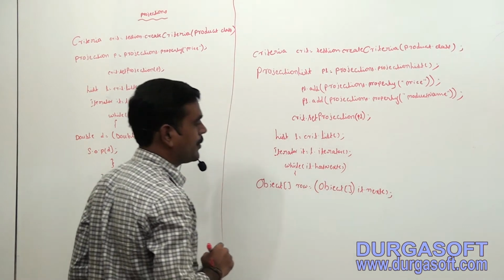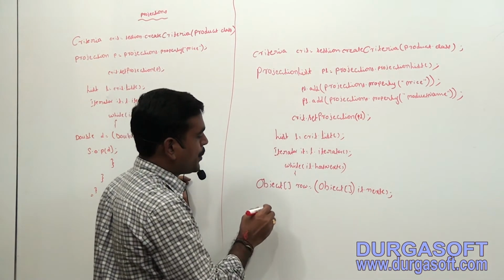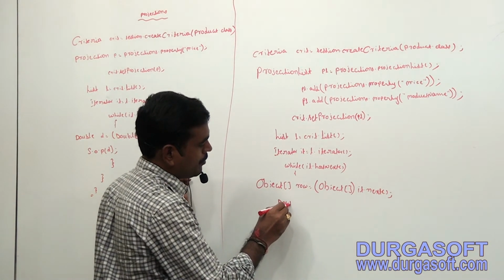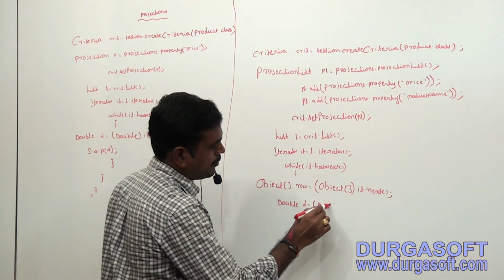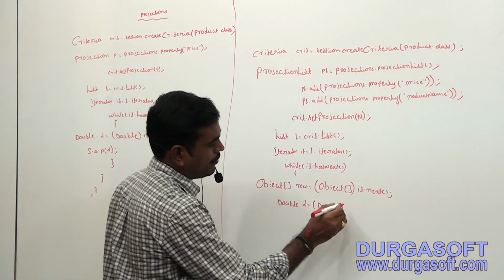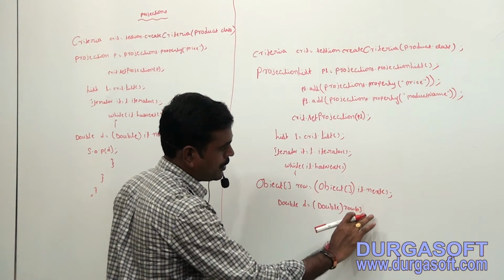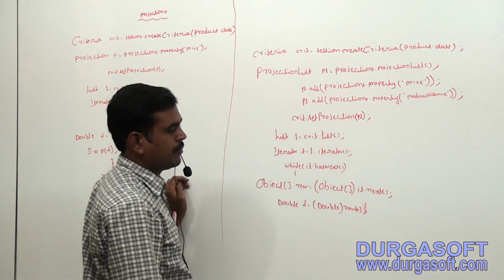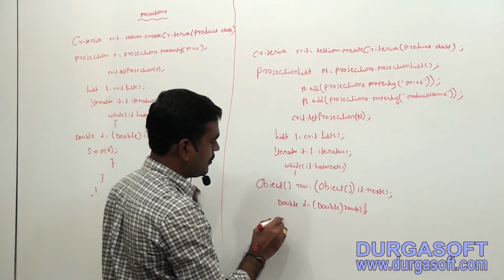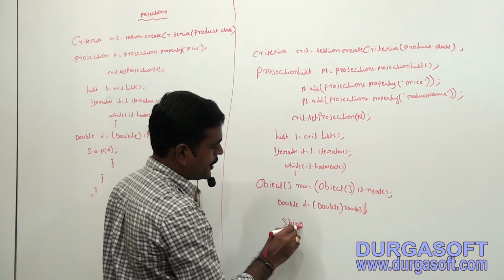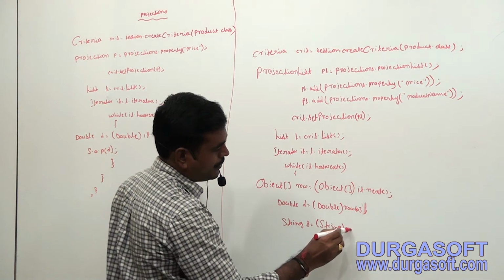That is the reason I'm typecasting, with it dot next method. After that, the first one is the price: double d is equal to (Double) row of 0. The next one is string s is equal to (String) row of 1.